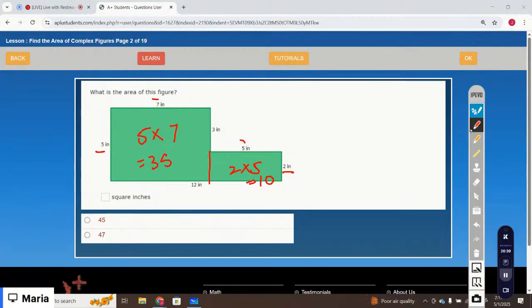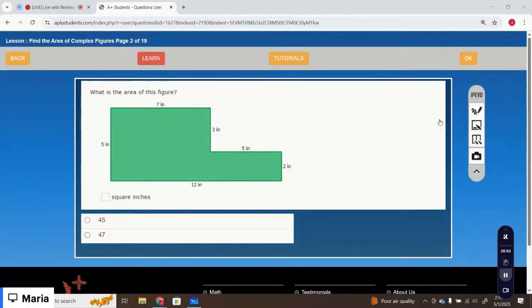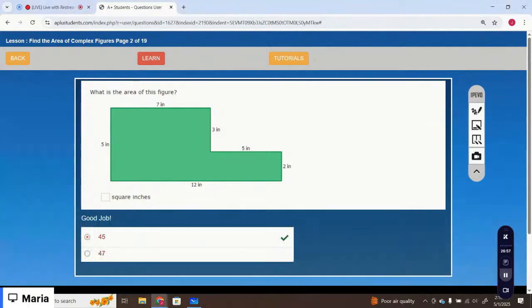You need to add both the areas. So 35 plus 10 equals 45 square inches. Option number 1 is the correct option.